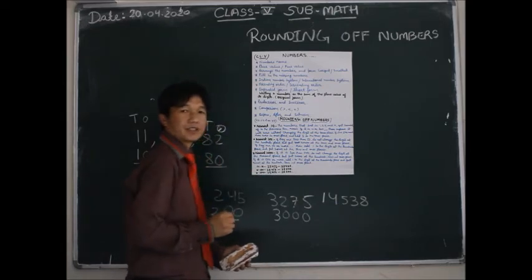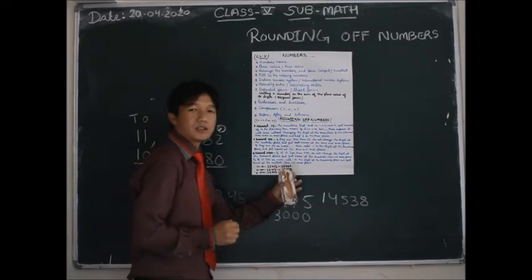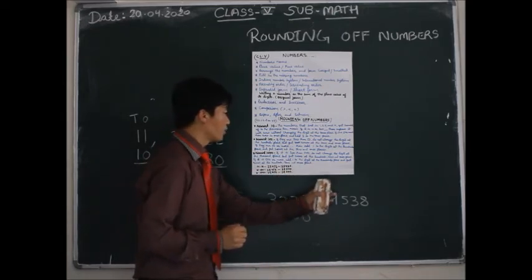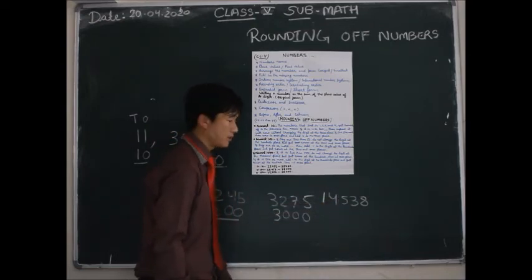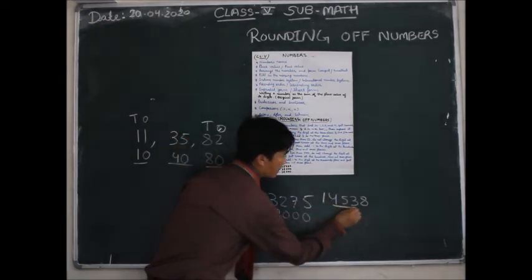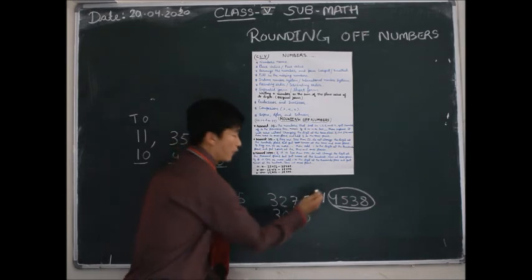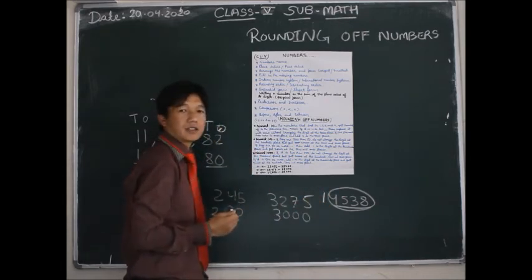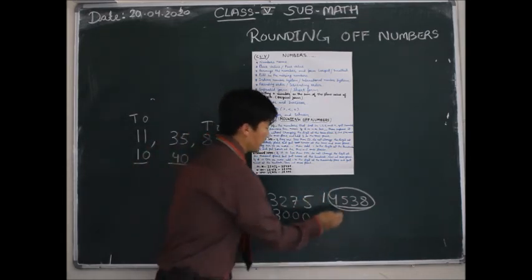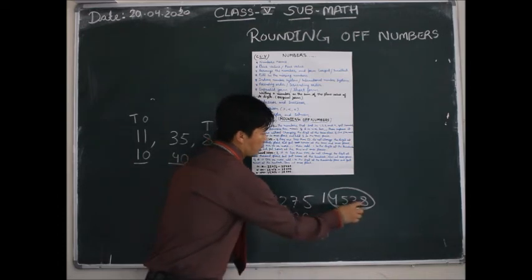Here is 14,538. But while we are rounding off nearest to the 1000, we have to check this only. Forget about this 1000 and 10,000. Now check. In the place of 100, there's 500.